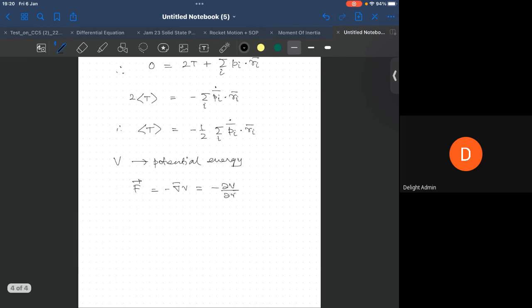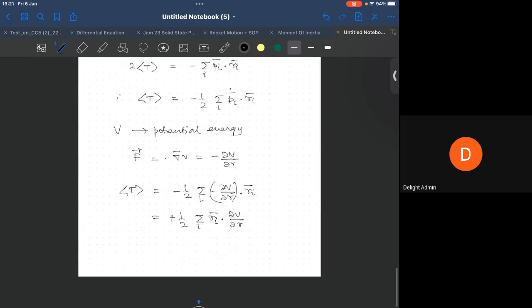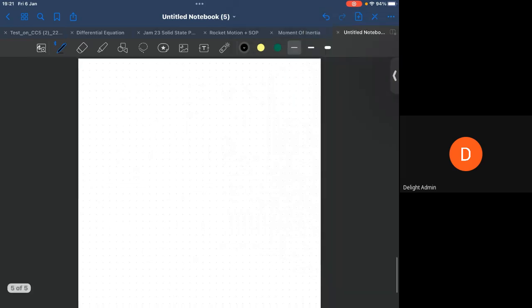So from here the expectation of T is equal to minus half the sum over i of minus del V/del r dot ri, because we know the rate of change of momentum is force. So pi dot is Fi, and this is minus half the sum over i of ri dot del V/del r, and the minus will become plus. So this is the expression of kinetic energy. Now I guess you won't understand what is happening here.